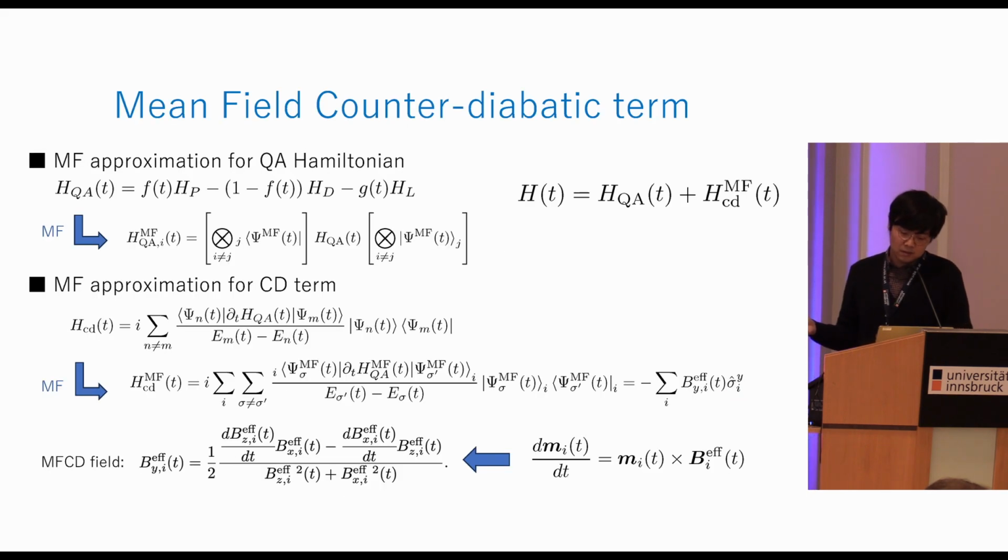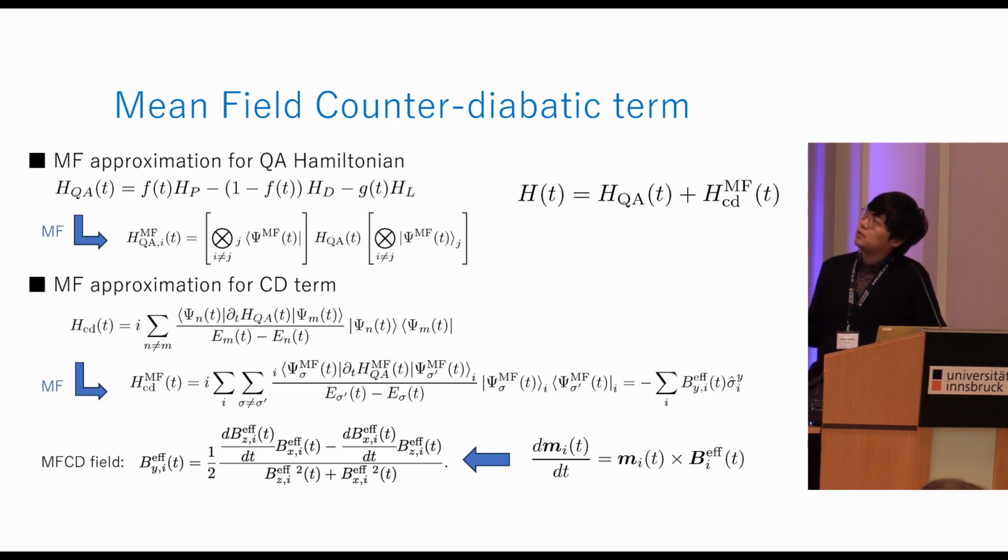To construct the mean field counter-diabatic term, we use the mean field approximation for the quantum annealing Hamiltonian. And then we use the mean field approximation for the counter-diabatic term.